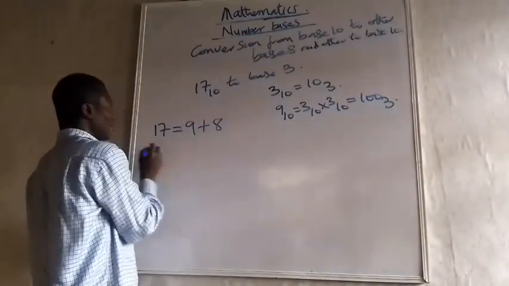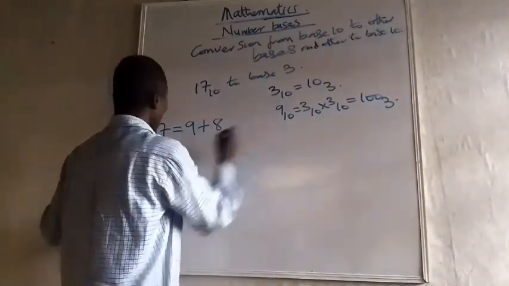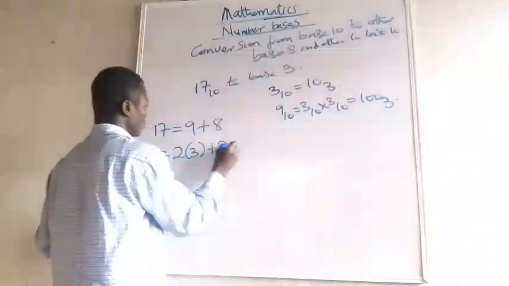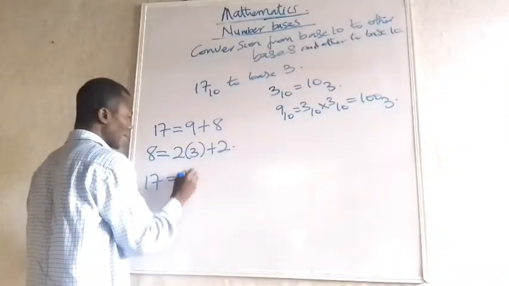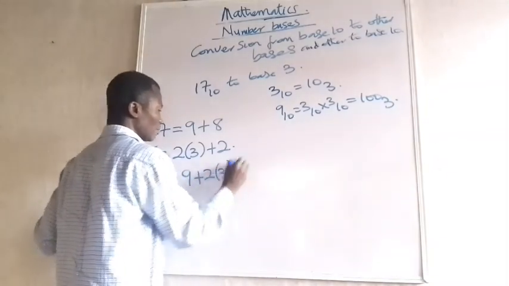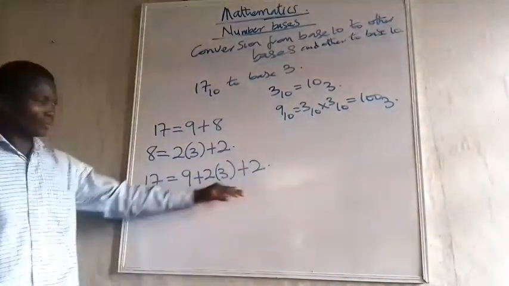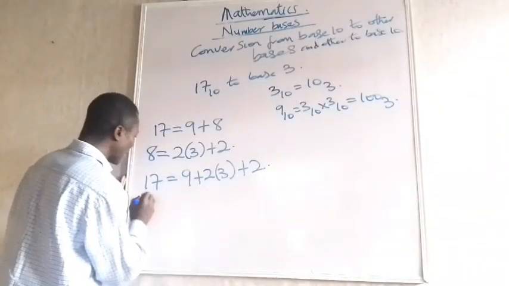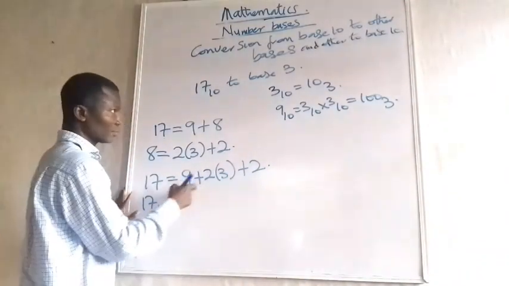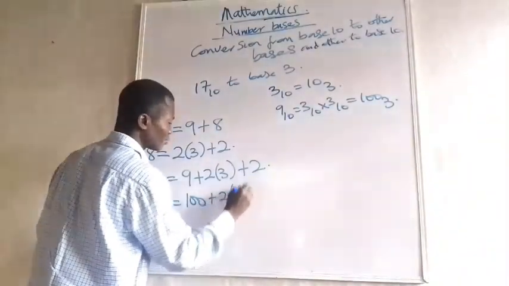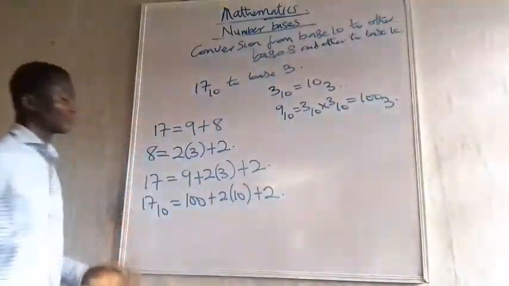This 8 now will be equal to 2 into 3 plus 2. So 17 is equal to 9 plus 2 into 3 plus 2. So what does that mean? I have 17 base 10 will be equal to 100 plus 2 into 10 plus 2.